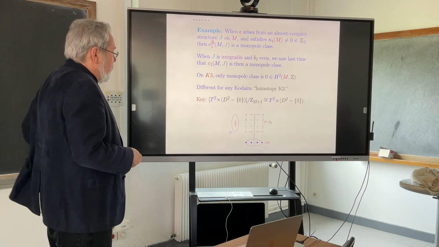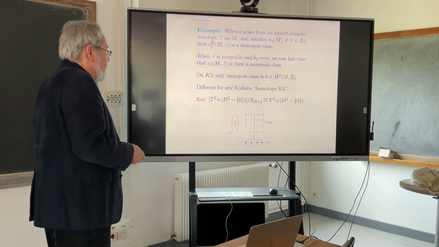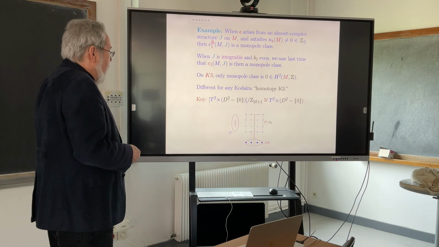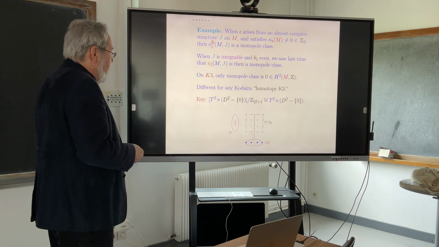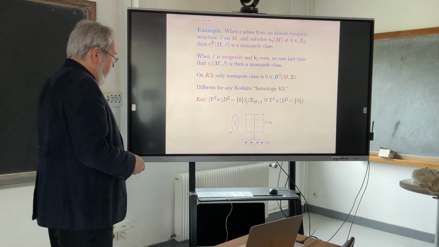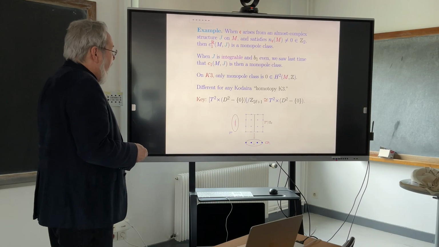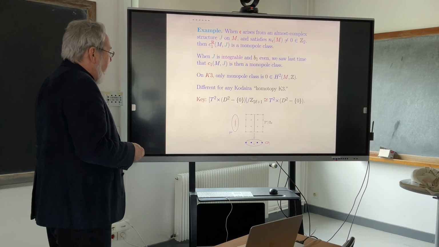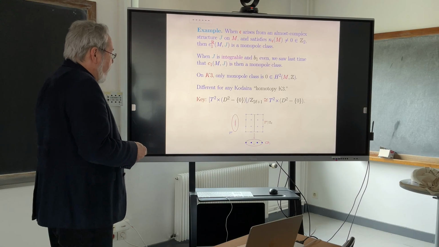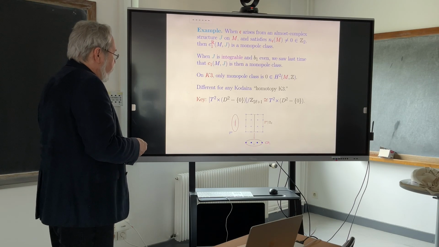So the reason that you can do this is that the local model would be that you have T2 times a disk, and now we're going to mod out by this cyclic group, which is going to act by a rotation of order 2L plus 1 on the disk, and choose a point.